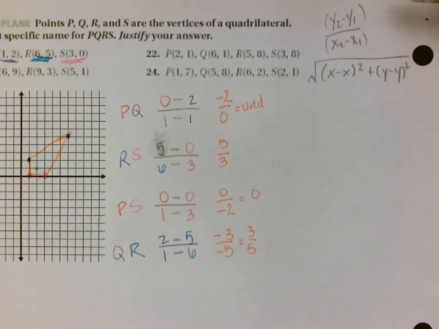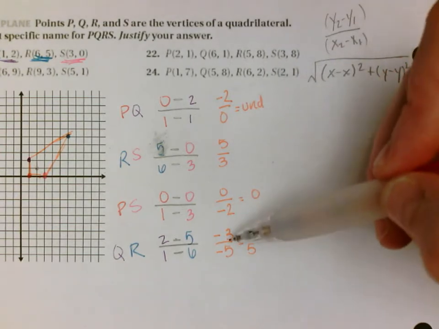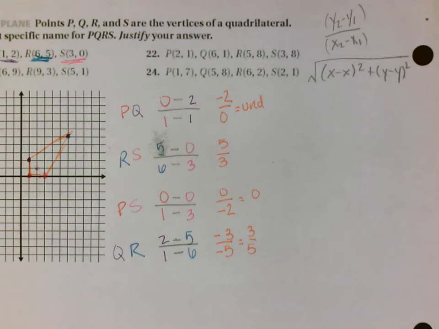So before you simplify your slopes, this y2 minus y1 is the same as this one, and this x2 minus x1 is the same as this one. So what you can do is literally take the numbers when you do your subtraction, before you do any simplifying, and take those numbers and put it in as the difference.